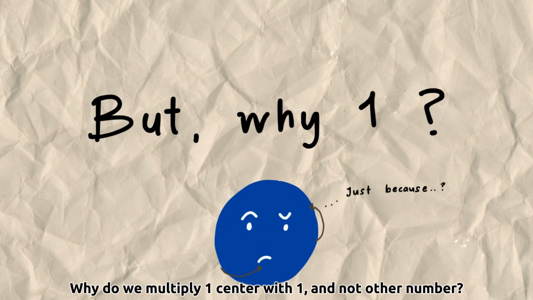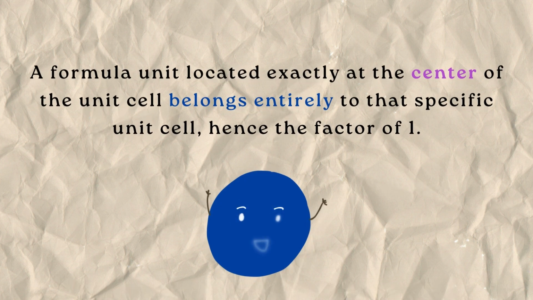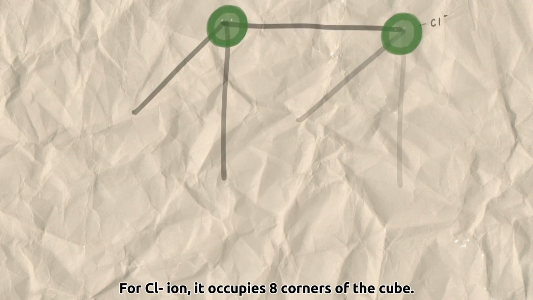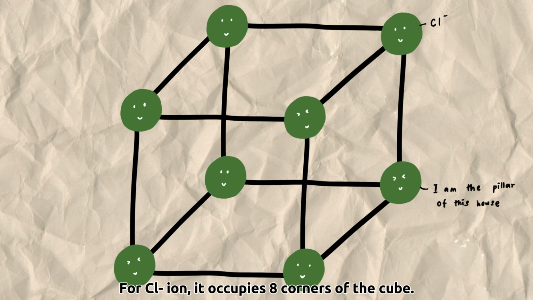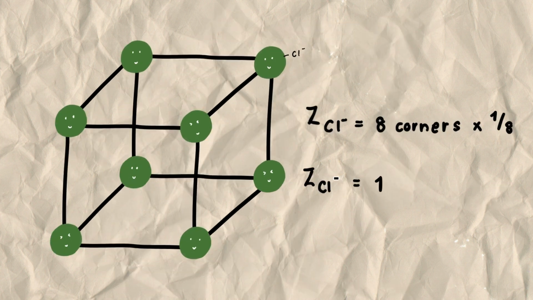Why do we multiply 1 center by 1 and not another number? This is because a formula unit located exactly at the center of the unit cell belongs entirely to that specific unit cell, hence the factor of 1. For the chloride ion, it occupies 8 corners of the cube. Thus, the calculation is Z of chloride ion equals 8 corners times 1 over 8 equals 1.